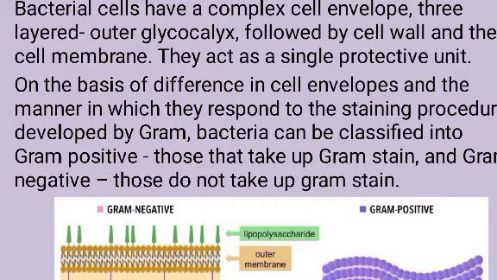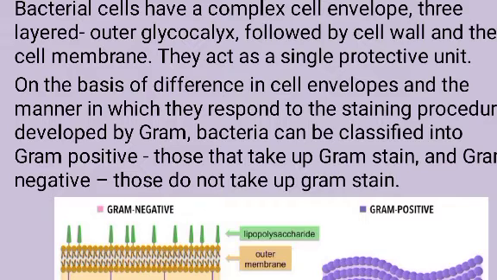Okay, and the bacteria are classified into two types on the basis of the difference in the cell envelope as well as how they respond to the staining procedure developed by Gram. Okay, so based on the cell wall or cell envelope difference as well as how they stain, the stain which is developed by Gram.